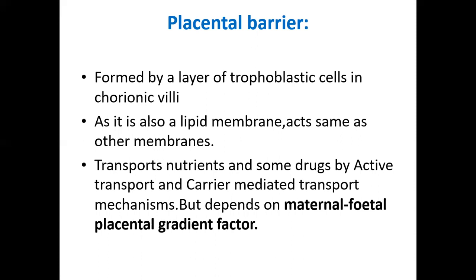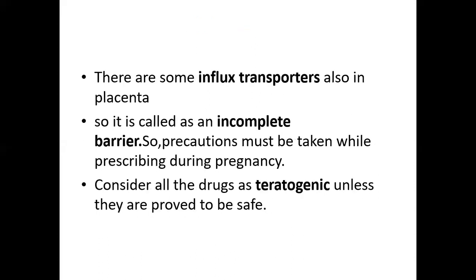So the placental barrier is formed by a layer of trophoblastic cells in chorionic villi. It is a lipid membrane and acts the same as other membranes. It transports nutrients and some drugs by active as well as carrier-mediated transport mechanisms, but it depends on the maternal-fetal placental gradient factor.